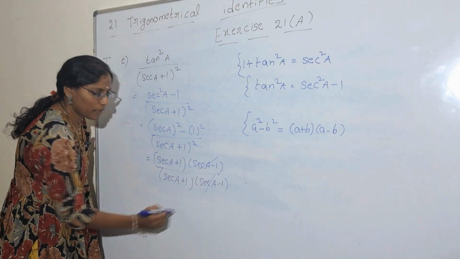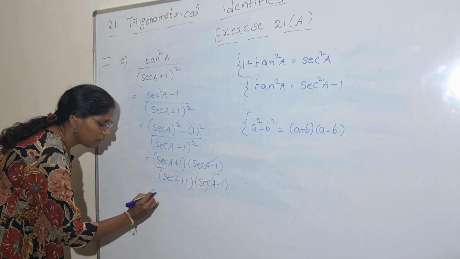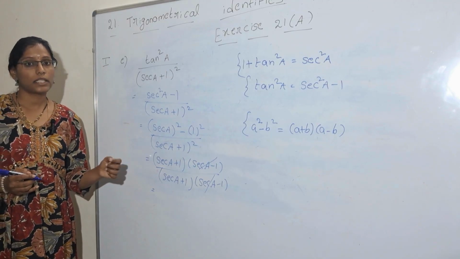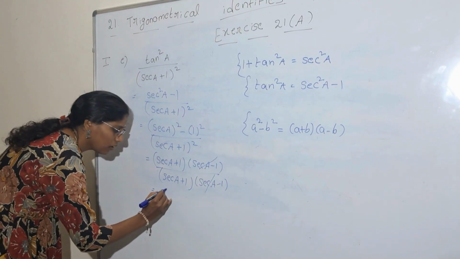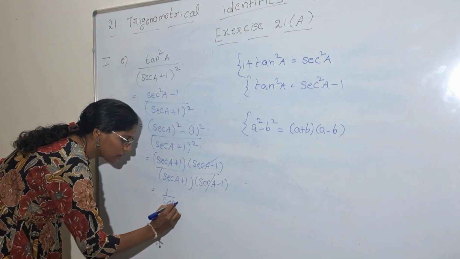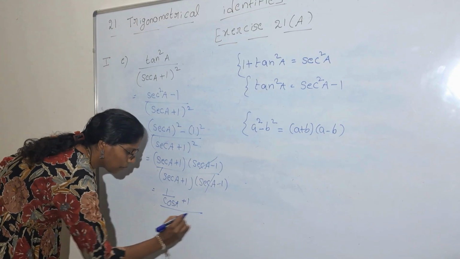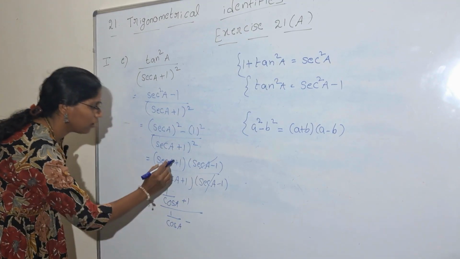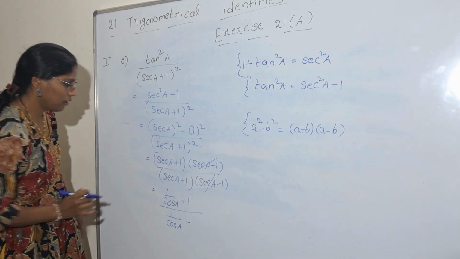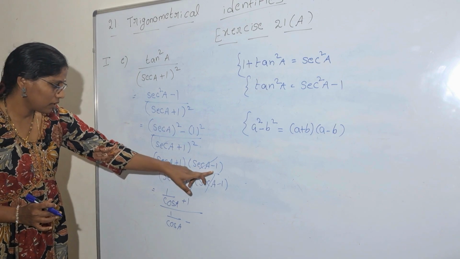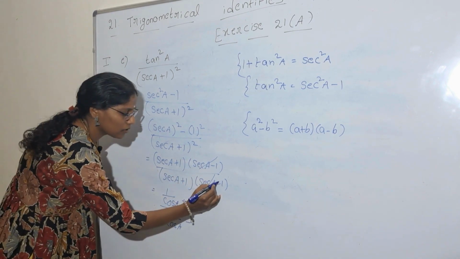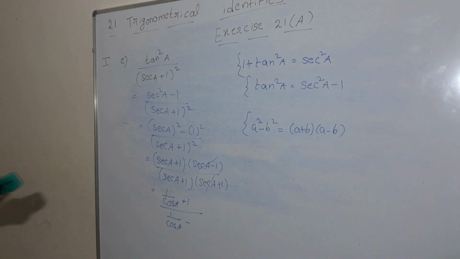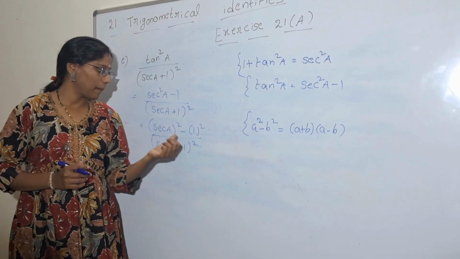Here numerator cancel, it will go. Here secant A, how to write? 1 by cos. Cos and secant are reciprocals. Here, sorry, this formula we can apply here.